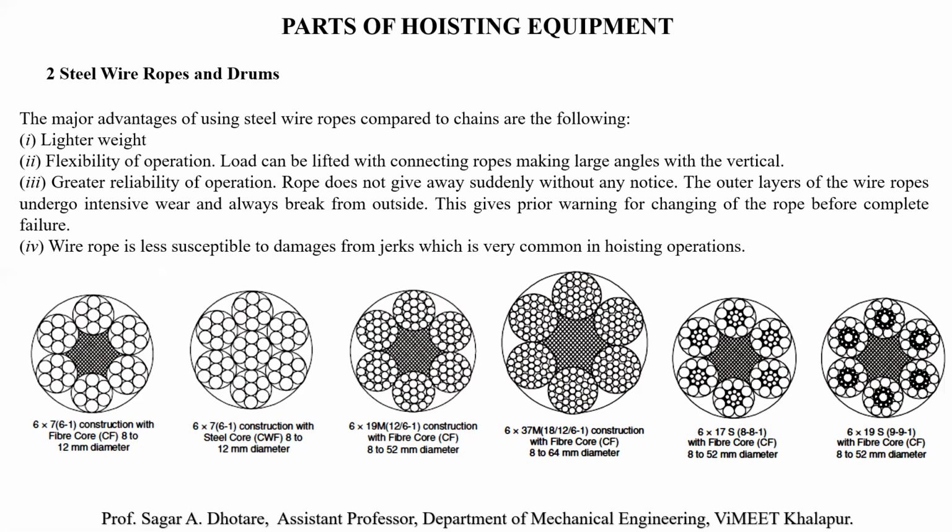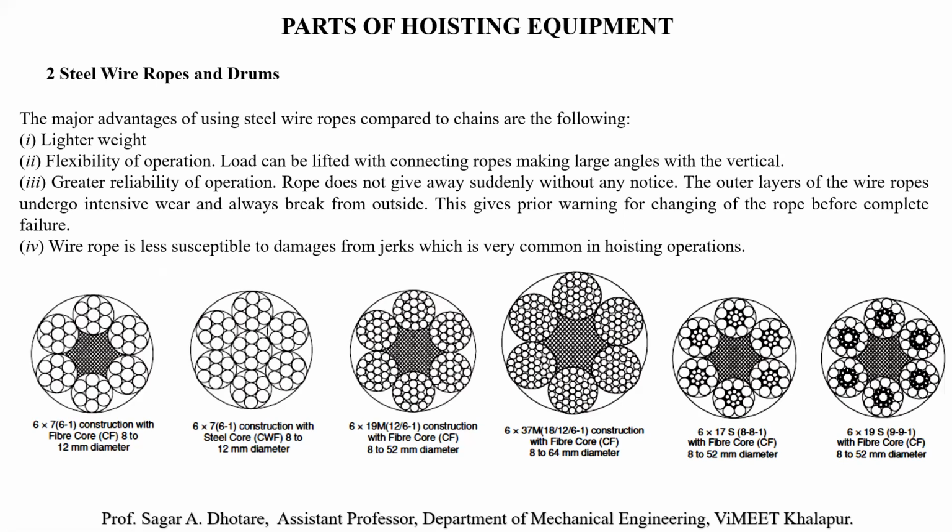So cranes operated in dry premises utilize rope made of bright wire. Ropes intended for operation in damp premises are galvanized. The manufacturing of rope is very important, because the material normally used is steel wire, which has greater strength.